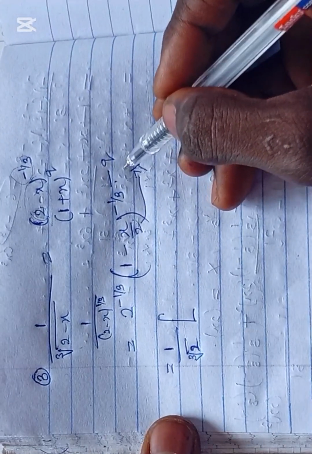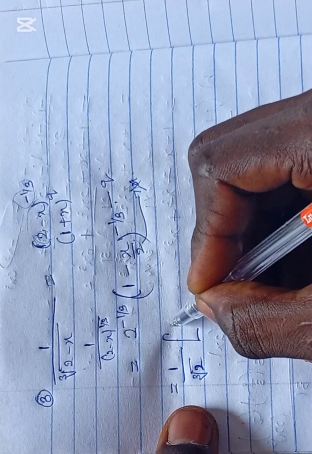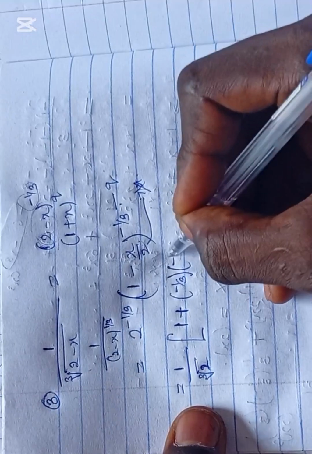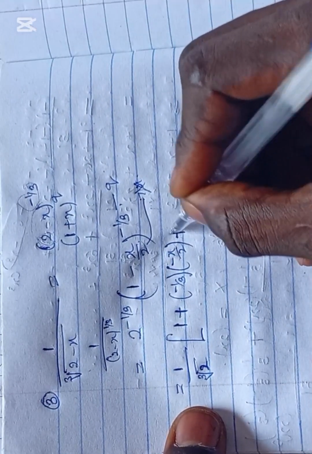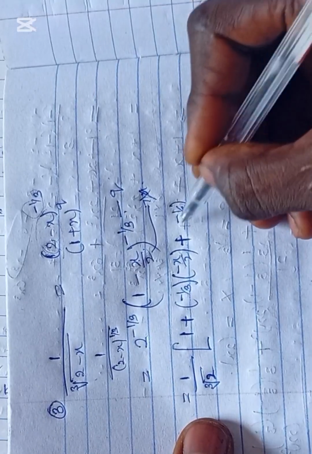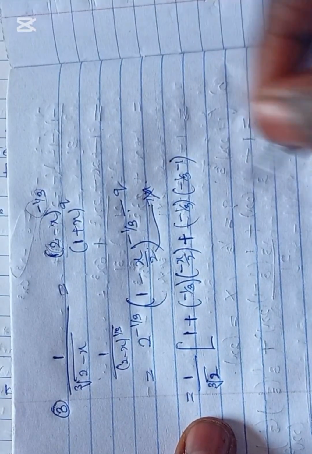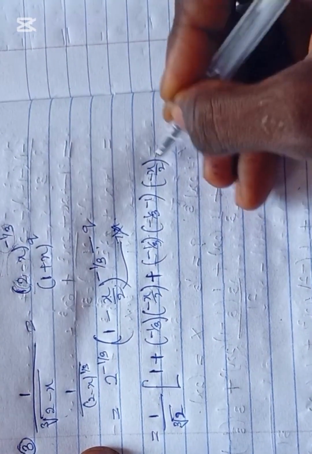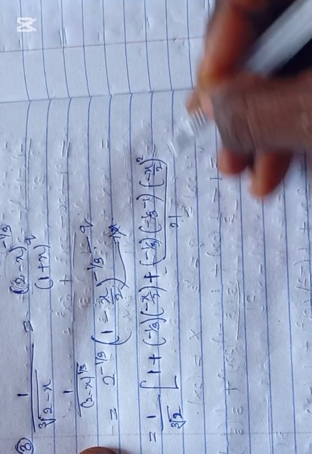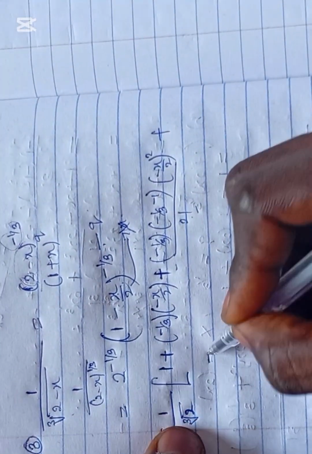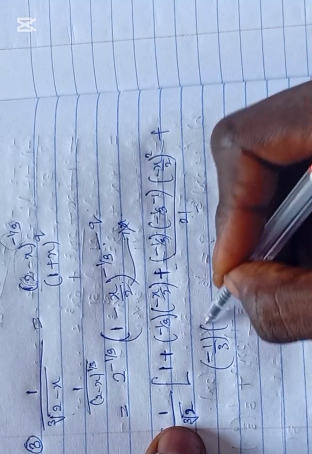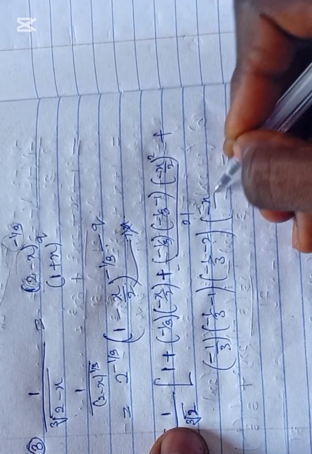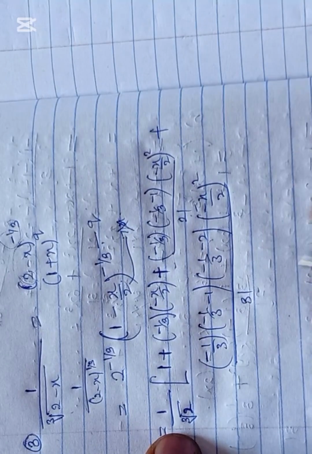Now I can easily say 1 plus q, minus 1 over 3, times x, my x is minus x over 2, plus q, which is minus 1 over 3, q minus 1, into minus x over 2 all squared divided by 2 factorial, plus q minus 1 over 3, since we are looking for the first four terms, minus 1 over 3 minus 1, minus 1 over 3 minus 2, into minus x over 2 all cubed, everything over 3 factorial.